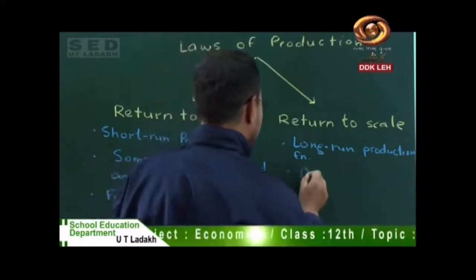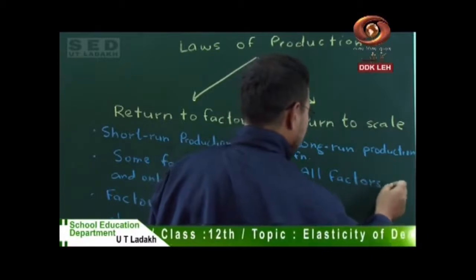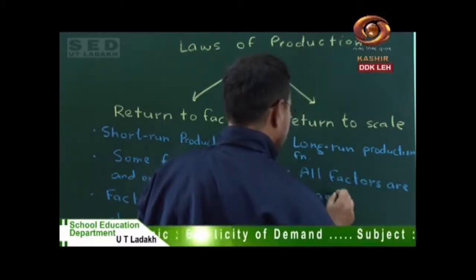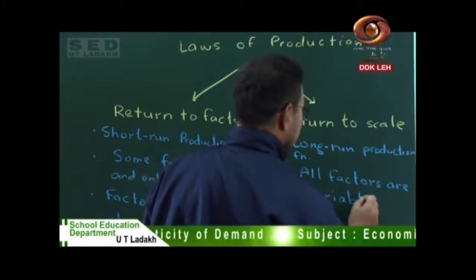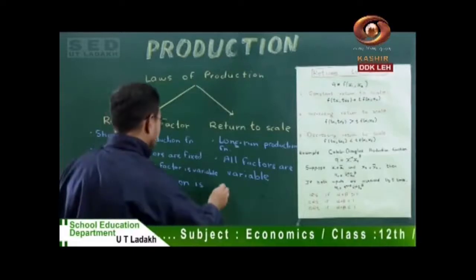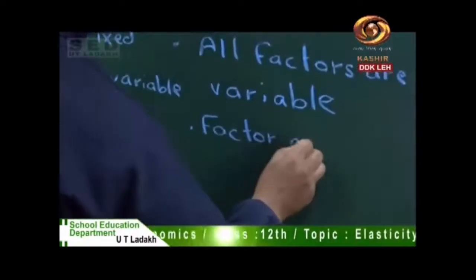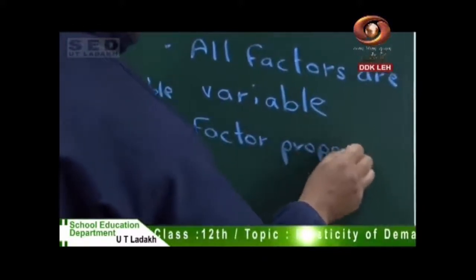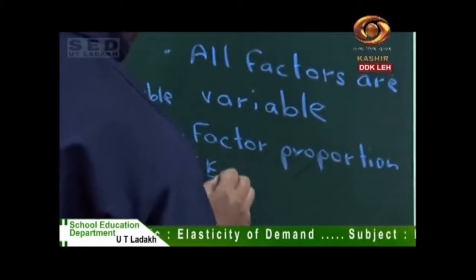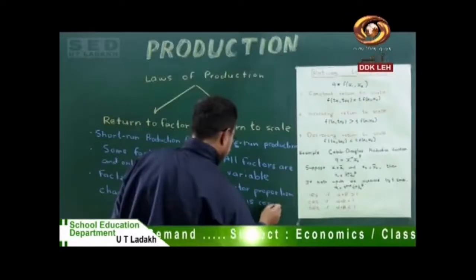So here all factors are variable, both x1 and x2 in two dimensions, or any other factors. Here the factor proportion, the K by L ratio, is constant.